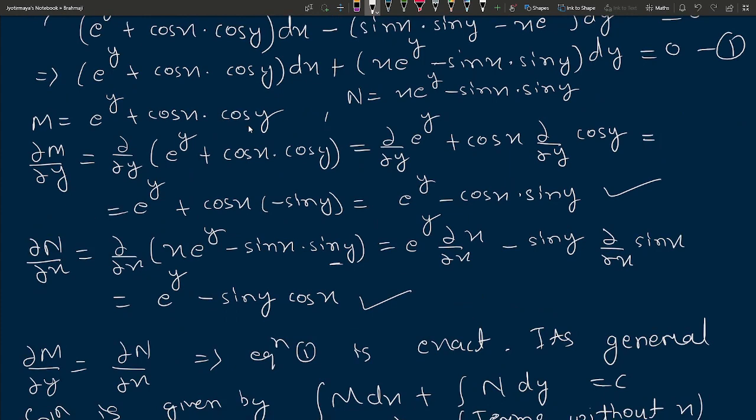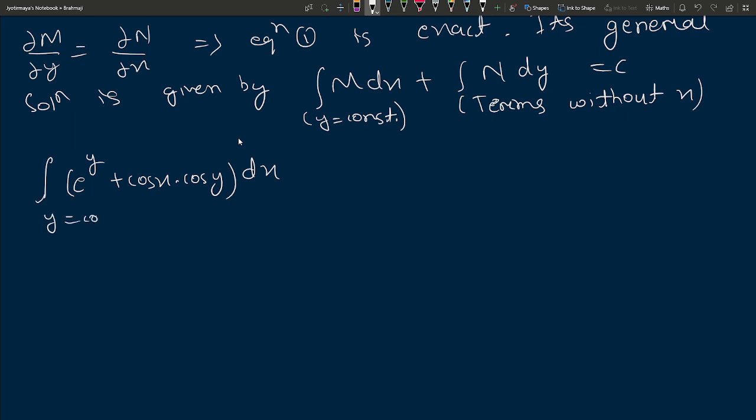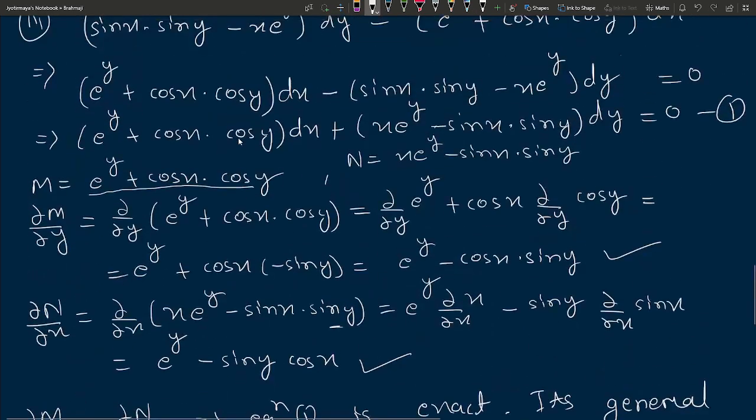M is e to the power y plus cos x into cos y. Integration of M dx, here y is a constant, plus integration of the terms of N without x, dy. Now let's find what are the terms in N that are without x.